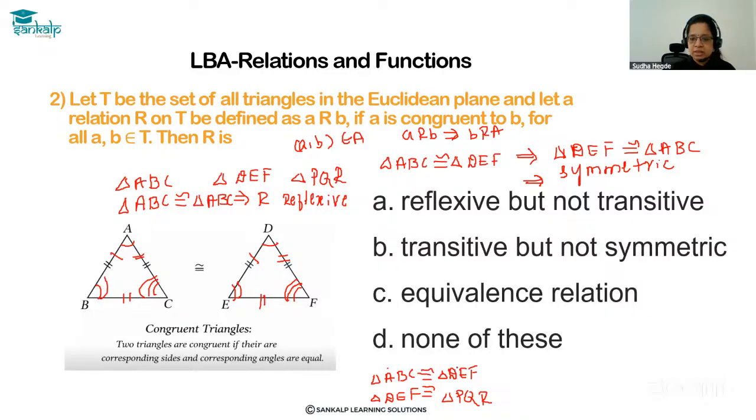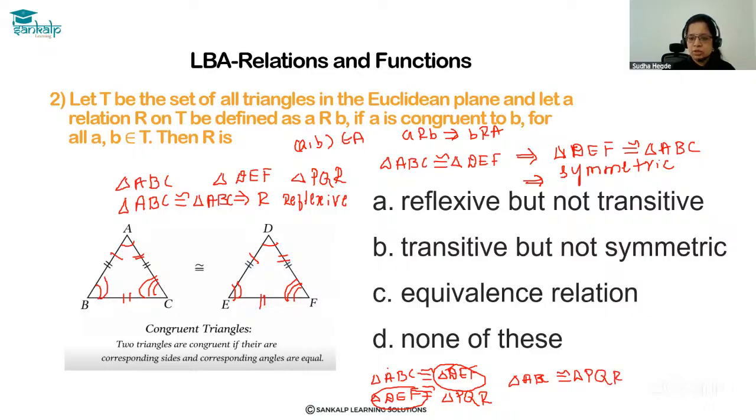Since DEF is common to both, triangle ABC is congruent to triangle PQR.